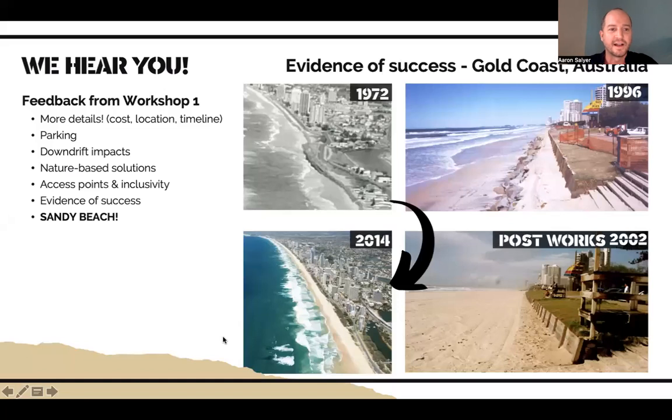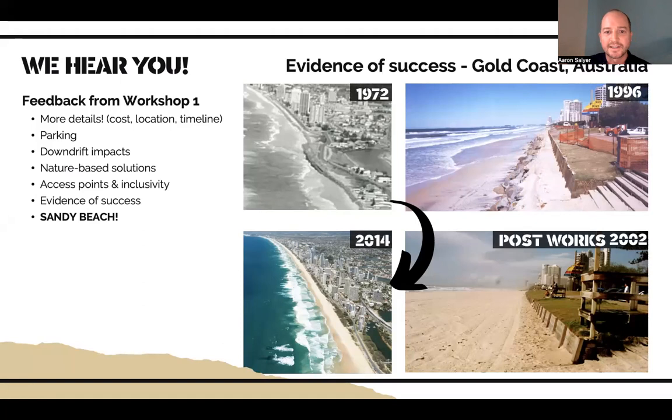I'll start off by going through the feedback from the first public workshop. What everybody was looking for was really some more details, looking at the costs associated with this project, where the locations might be, what kind of timeline we're working on, things that came up with parking, definitely the downdrift impacts, if any, looking at nature-based solutions, access points, but most of all, everybody was looking for a sandy beach.